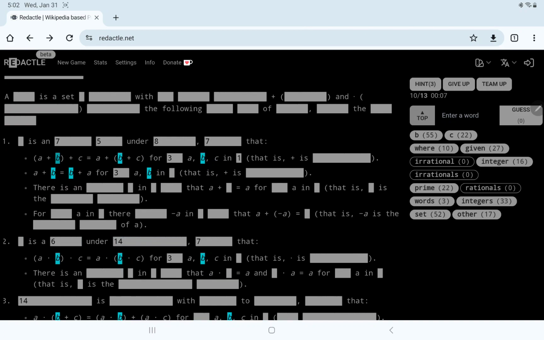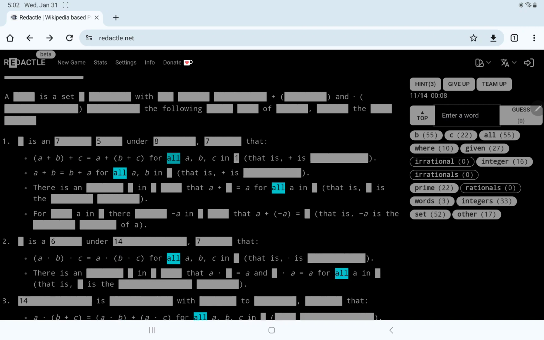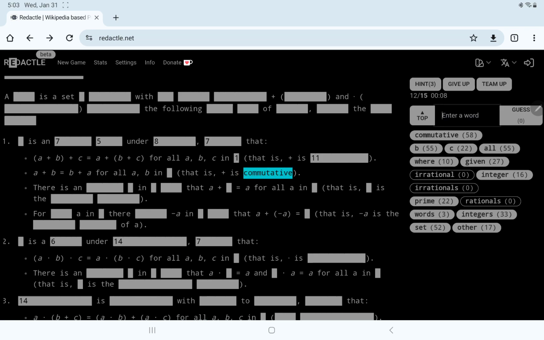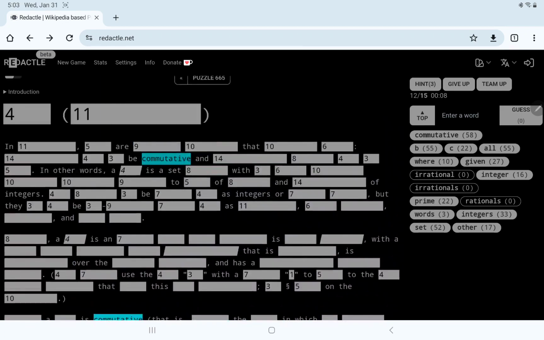Okay, so I was right about that, but I think that was pretty obvious for all. That is, plus is, I want to say commutative. Oh, look at that. Dredged that up from the back of my memory.